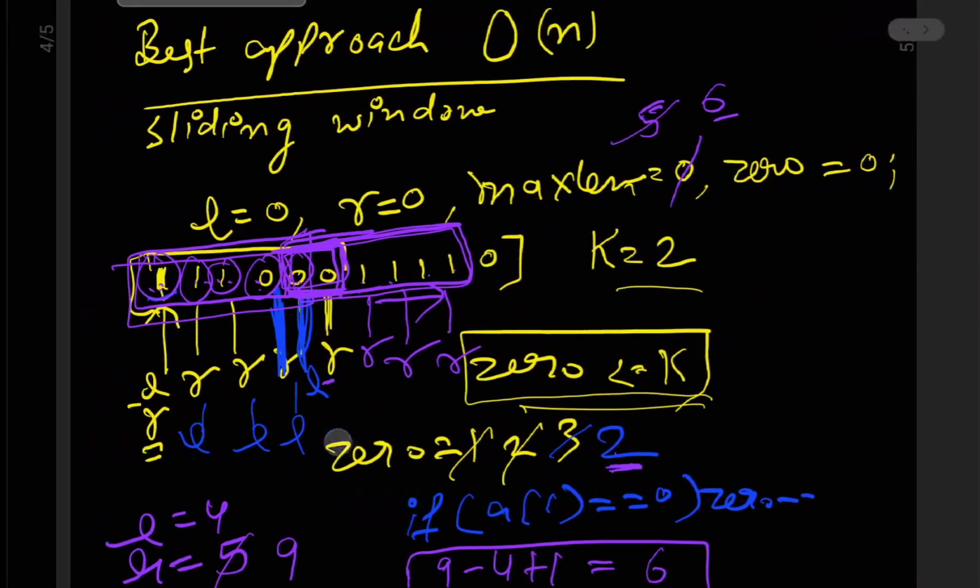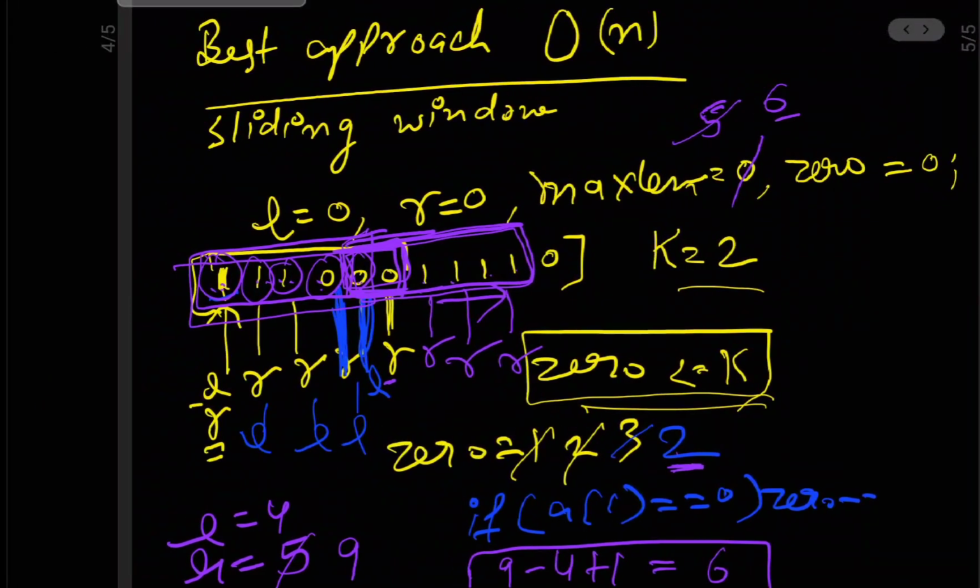Okay, so I will move my right. I will update my R to this point. Now again my zero count will be 3. When I come to this position, my zero count will be 3 and I will start again.